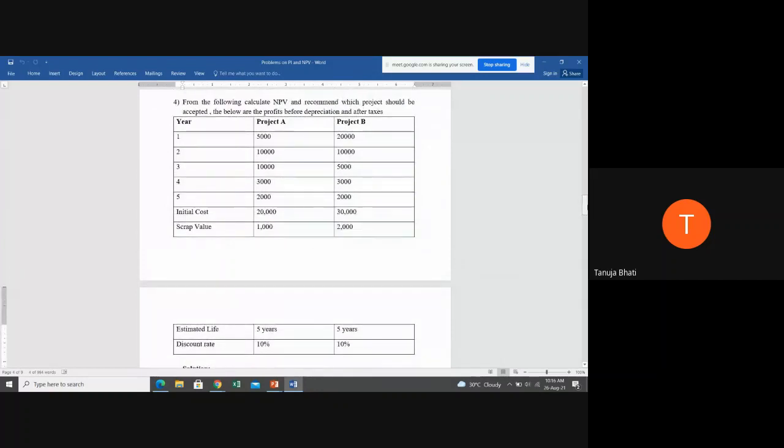Can anyone tell me what is the cash outflow for project B? This is project B's figures.